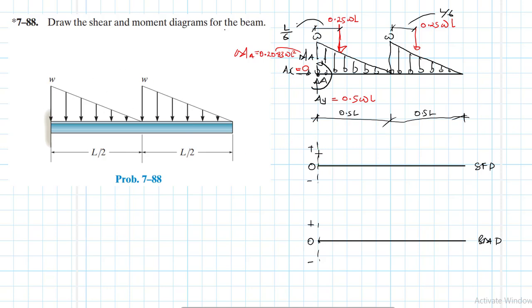So if this is 0.5, this one is 0.5 WL. And then from A, let me call this point B, then this one C. So between A and B, we have the distributed loading, and we know that the loading in this case is of course negative and decreasing.